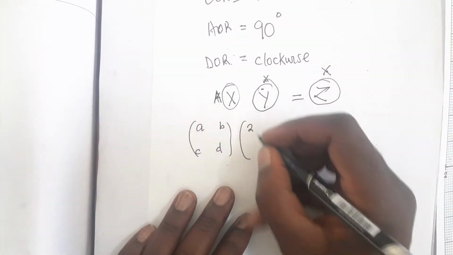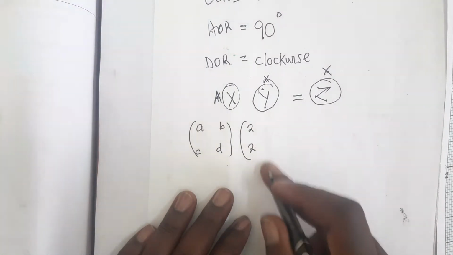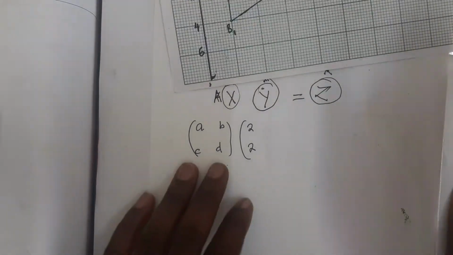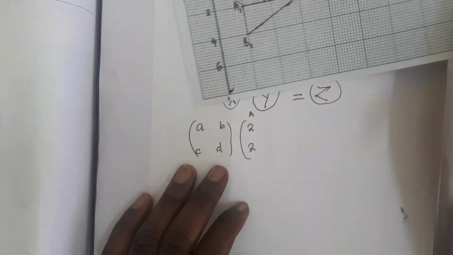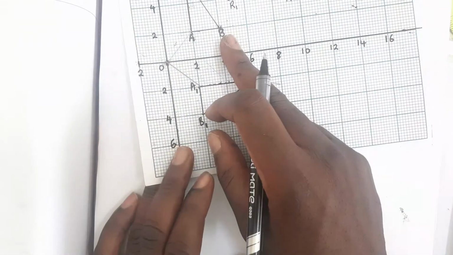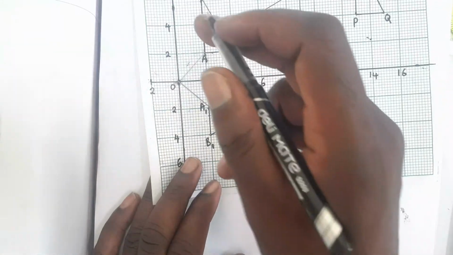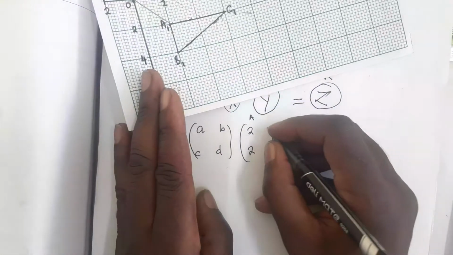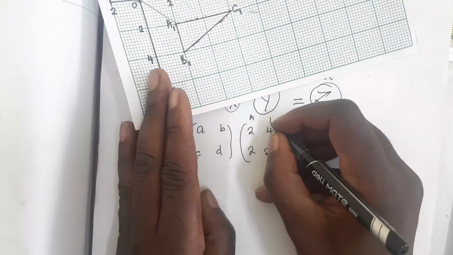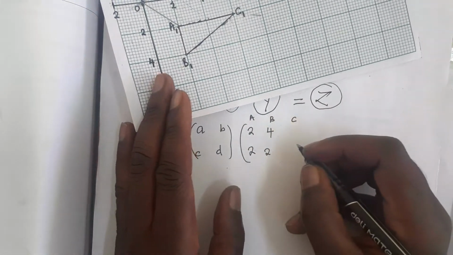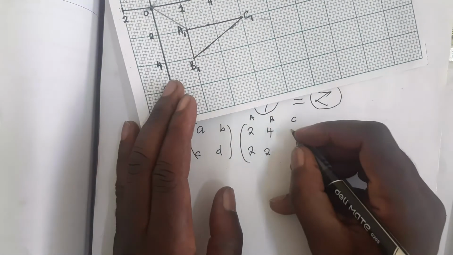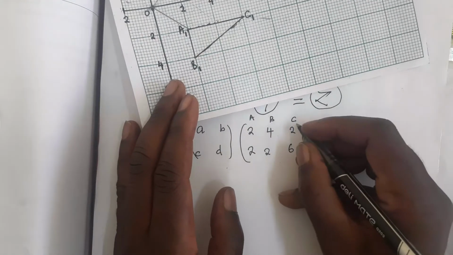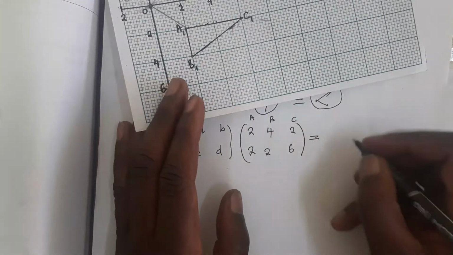Then for B, we have (4, 2). Then our C is what? (2, 6).